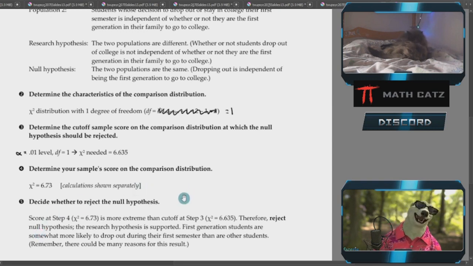Our evidence says no. Those gaps between observed and expected are just a little too big to be random coincidence. First generation students are somewhat more likely to drop out during their first semester than other students.